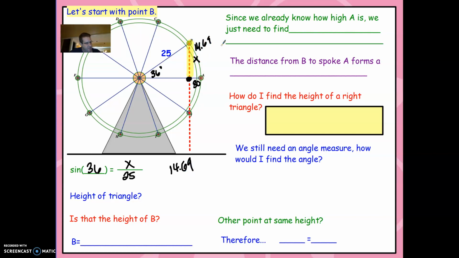Now, if I take that 14.69 and I add it to the height, remember, of that sprocket that I already mentioned, that gives you 44.69. So that's the height of B. Now, therefore, the height of E is also 44.69 because these two have to have the exact same heights.